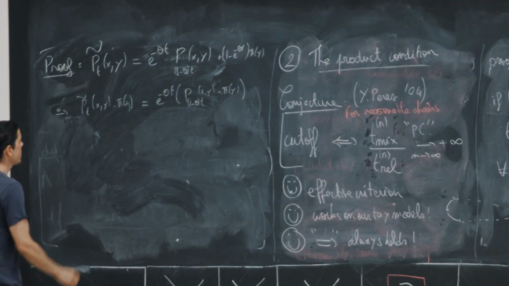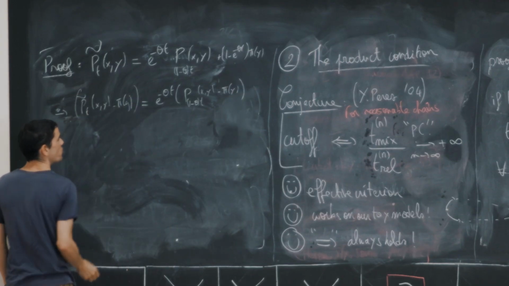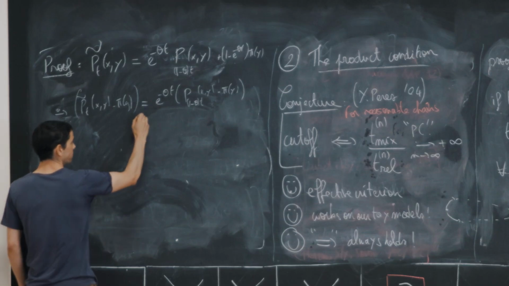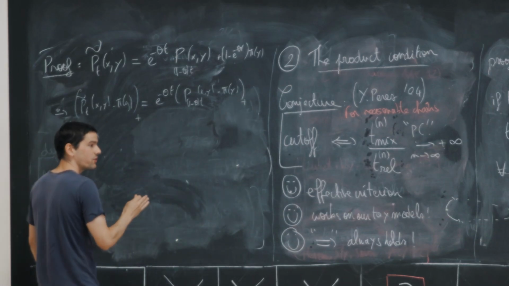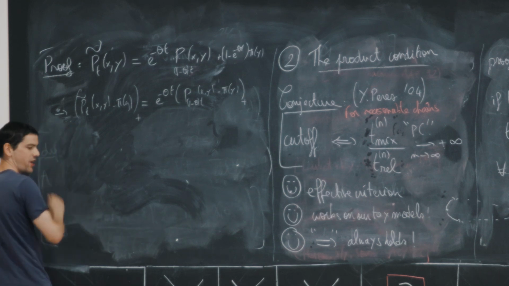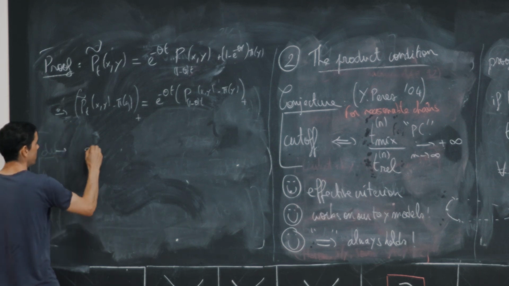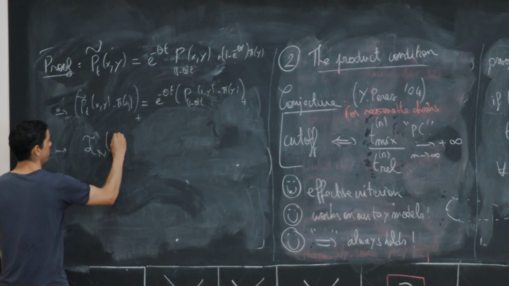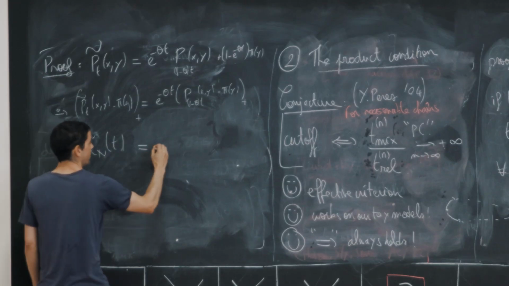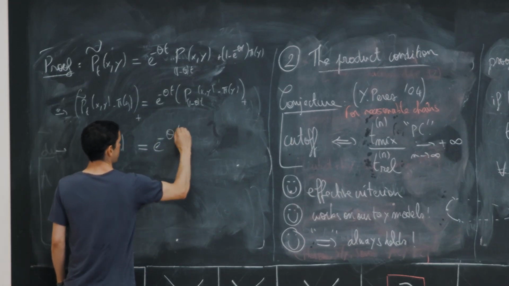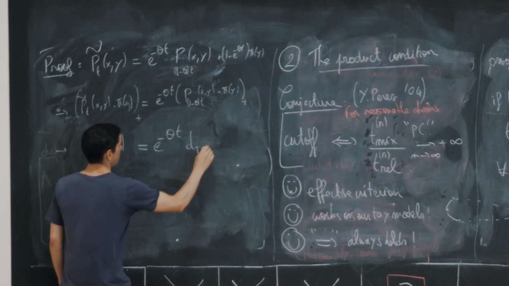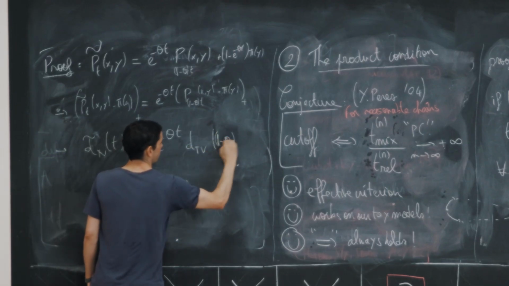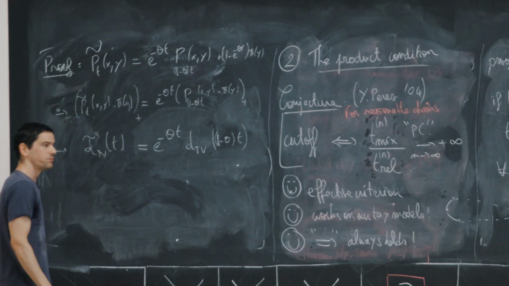Okay, and now you take positive parts on both sides, sum over all y, then take a maximum over all x, and then you get that the total variation distance for this is exactly the total variation distance for your original model, like that.